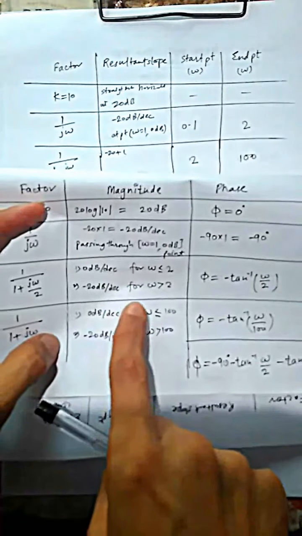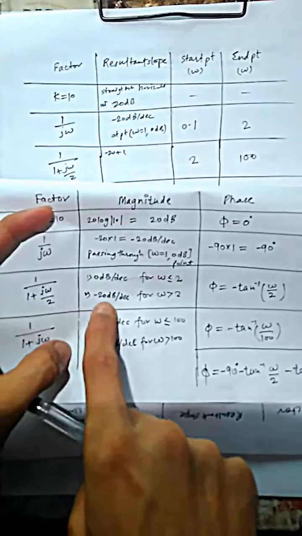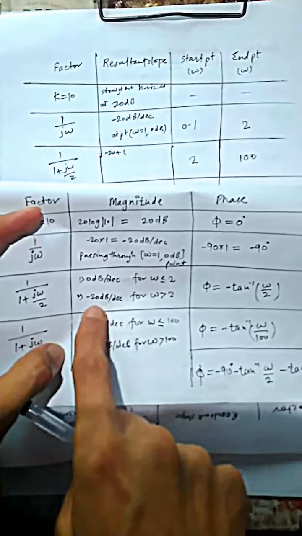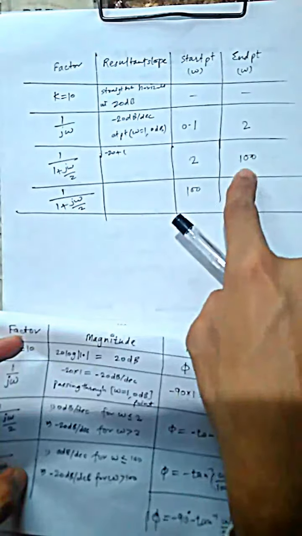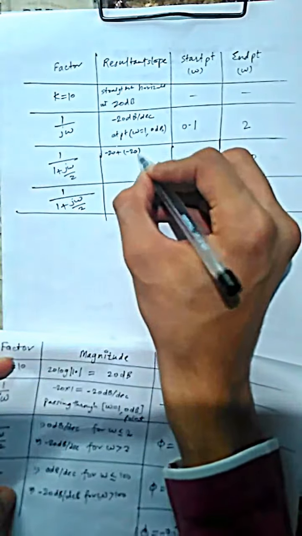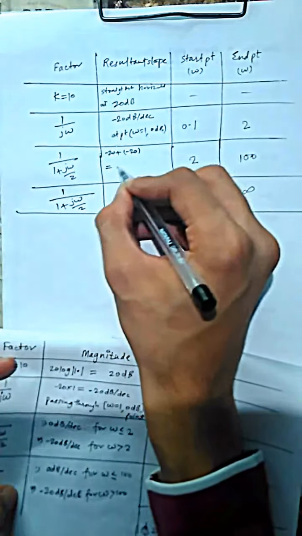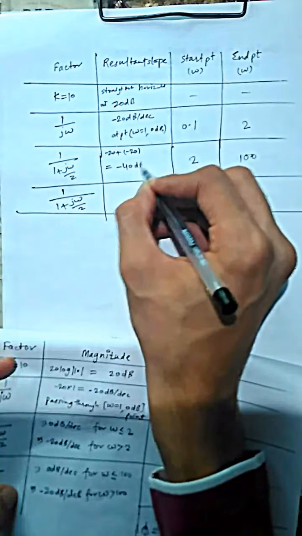Now, as we have stated earlier, for this term, if omega is greater than 2, then slope would be minus 20 dB per decade. Since omega is between 2 and 100, which means it is greater than 2, the slope would be minus 20, hence the resultant slope would be minus 40 dB per decade.